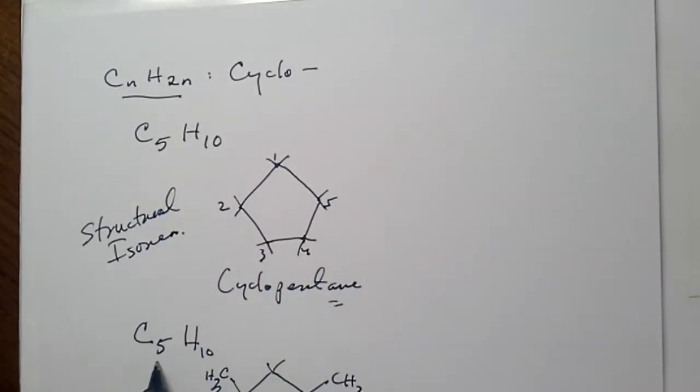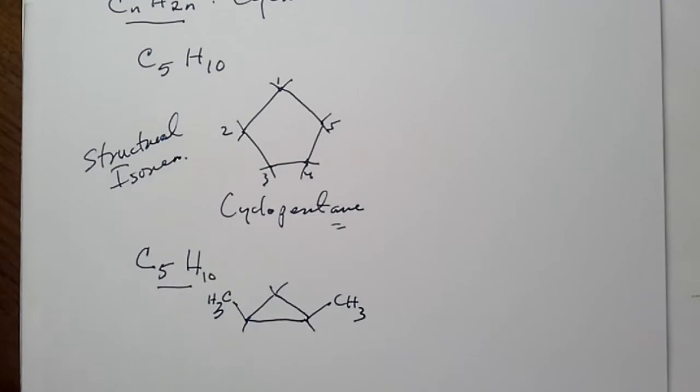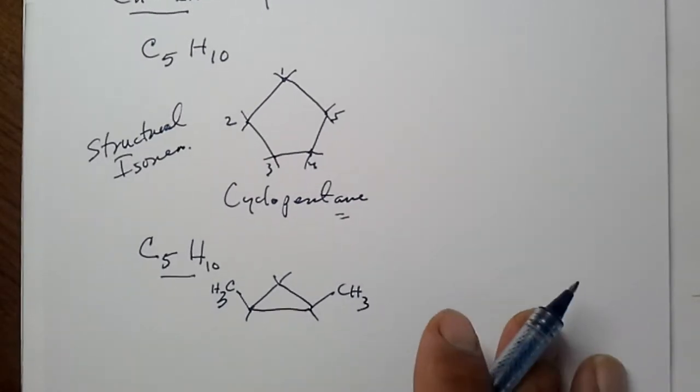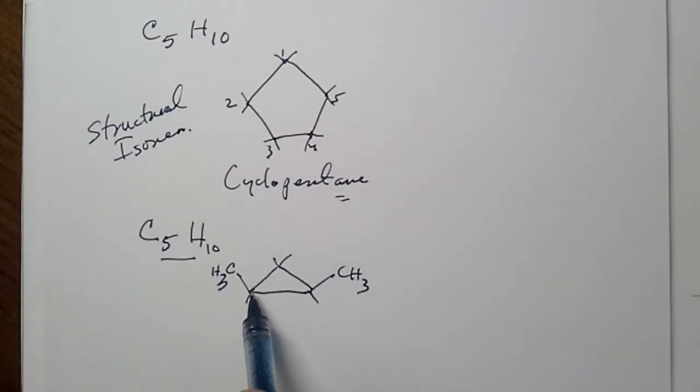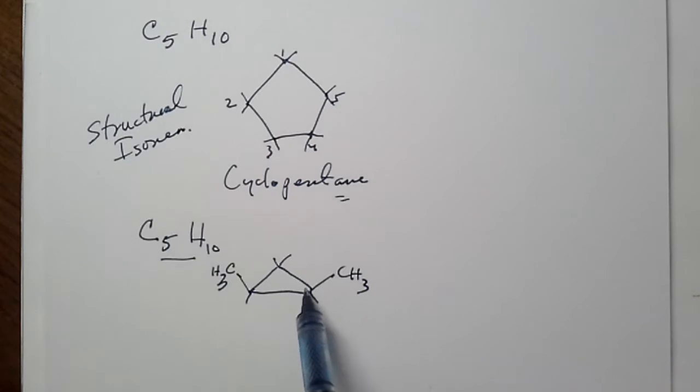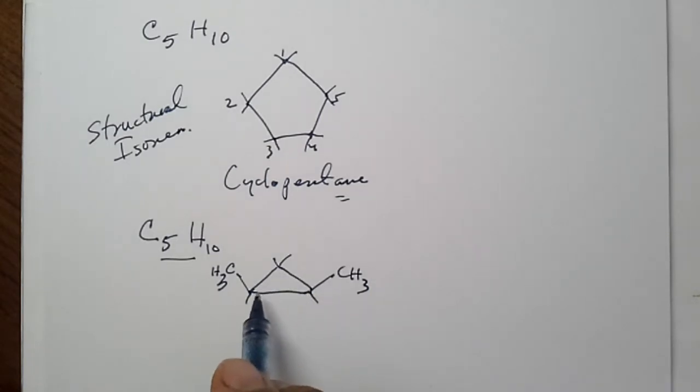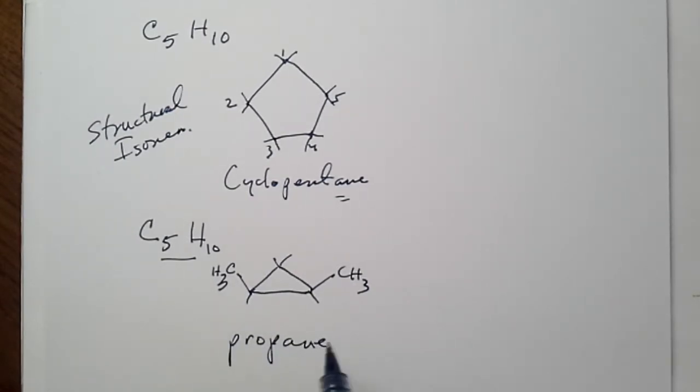But if we look at this compound, what would we call it? 1, 2, 3. So the 3 carbons in the ring indicate that it is a propyl group, propane.